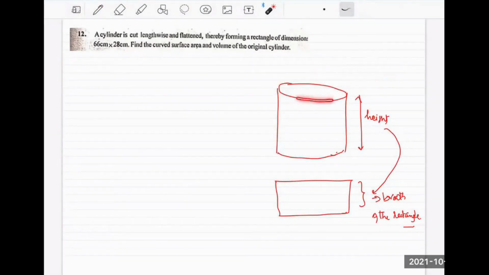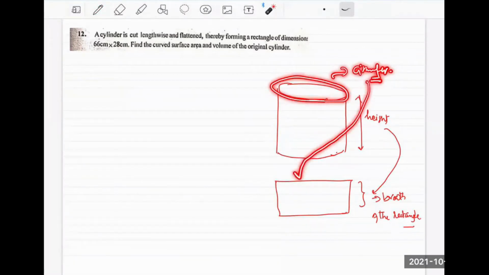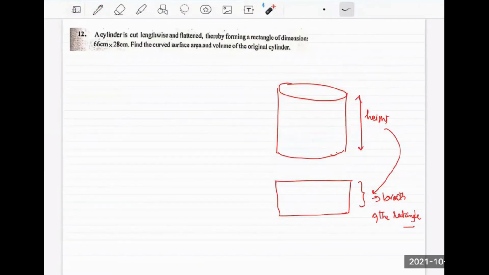The top portion is a circle shape. When you cut the cylinder and flatten it, the circumference will turn into the length of the rectangle. So you have to note that one.